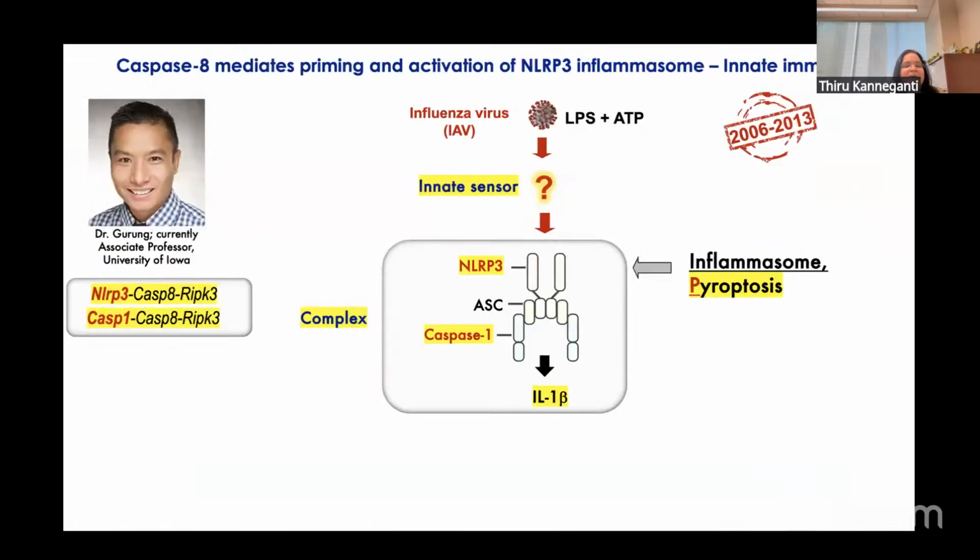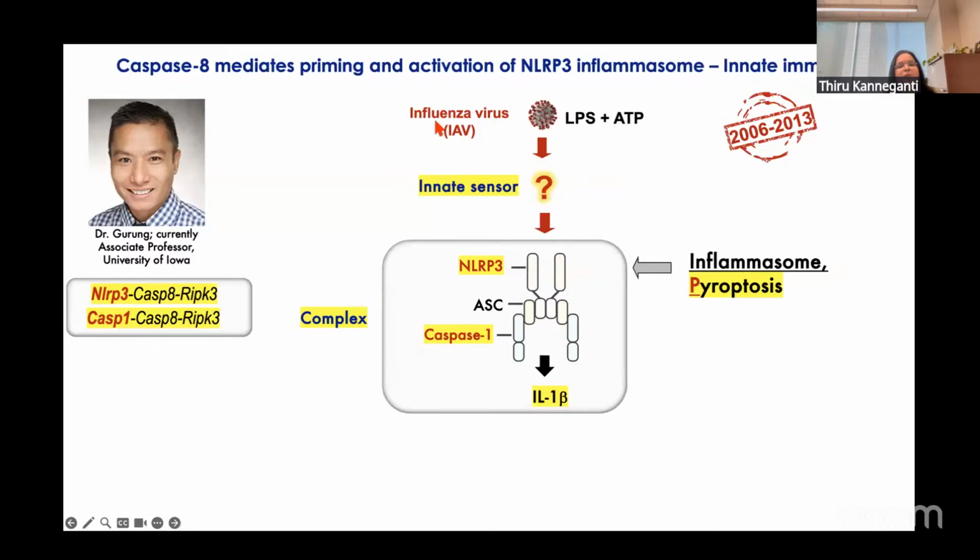And then switching back to NLRP3, by then we knew that NLRP3 can sense anything that it can see. That's the joke in the field, that NLRP3 is central to sensing everything and anything. So that told us that NLRP3 is not working as a receptor, but it's acting as a sensor downstream of a receptor or another innate immune sensor.